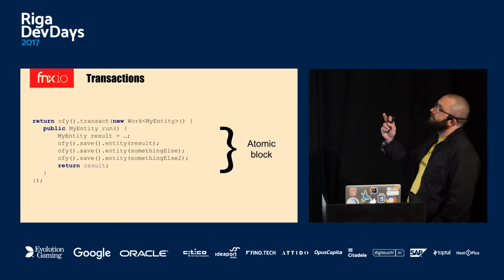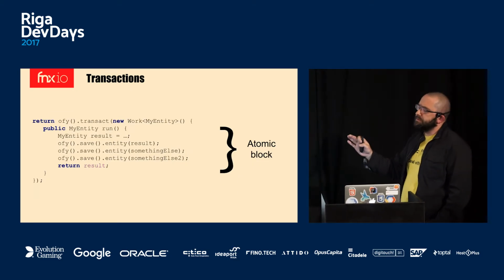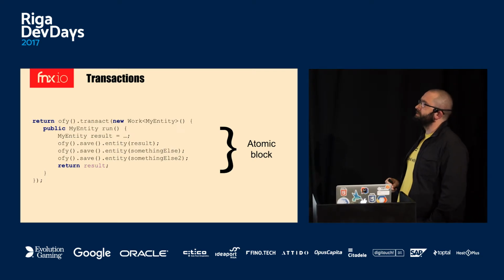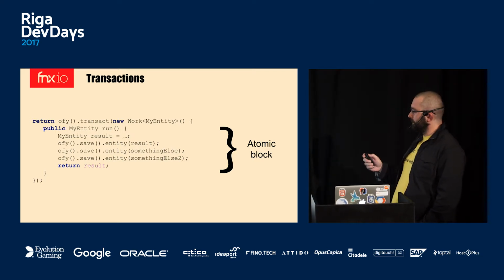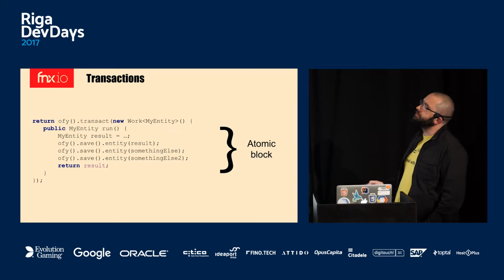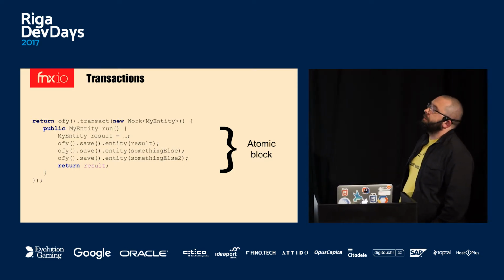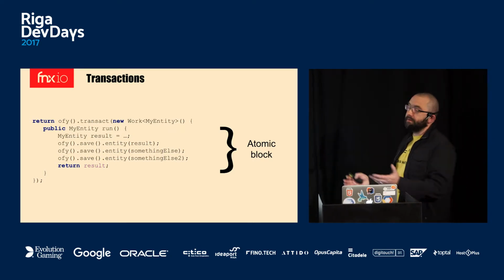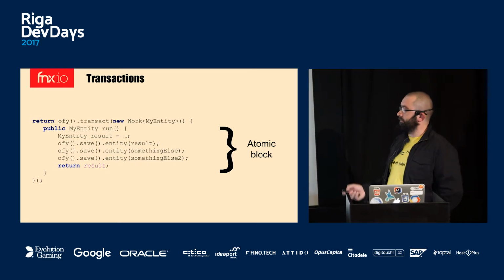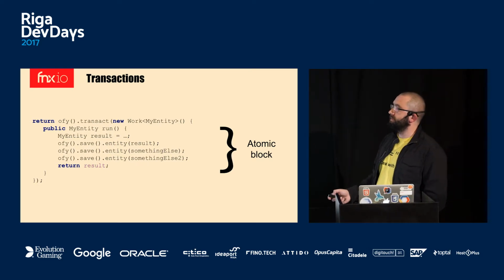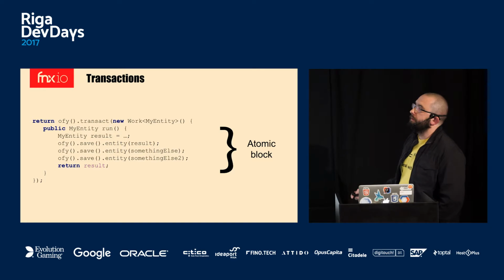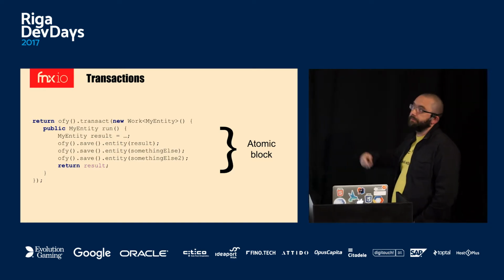AppEngine datastore also supports transactions, and Objectify allows you to write them like this. You create a block. It's actually an atomic block, something which will be applied as a whole or not at all. So if some of these statements fail, then all gets rolled back and you can try it again.